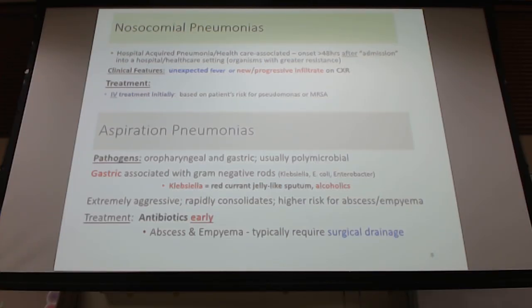It's that red currant jelly-like sputum, which I've never seen, but I know it exists. Commonly seen in alcoholics. You need to make sure that you treat it very early, keeping in mind that you can use antibiotics for these patients, but if you image them and you see evidence of abscess, you need to put chest tubes in those patients.